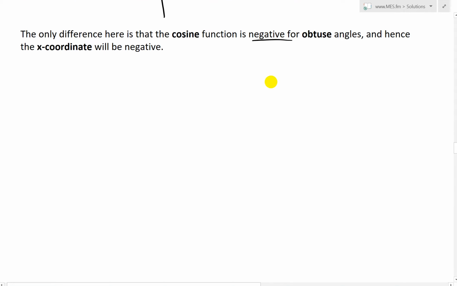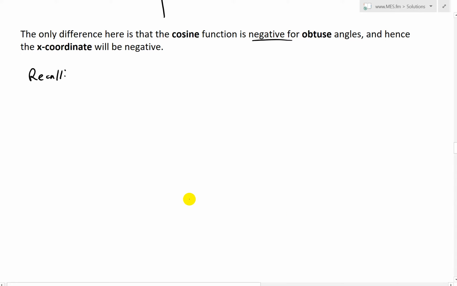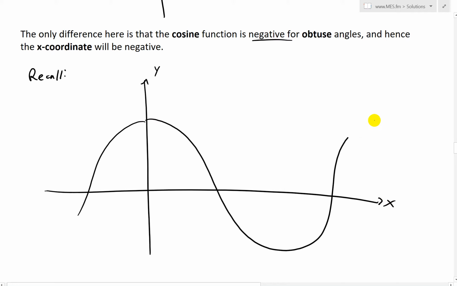And you could even recall the graph of a cosine function. It looks something like this, x, y. I'll just draw this even further out. So there's the x and y. Recall it looks something like this, and goes all the way back there.